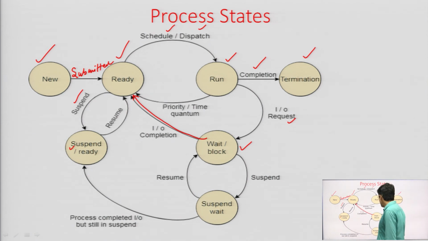So, that process will come in the suspended wait state or suspended blocked state, and when the memory is free, the process will be brought from the suspended wait state to the suspended ready state, and then it can be brought to the ready state as and when the memory is free. So, this is the cycle in which the process remains.